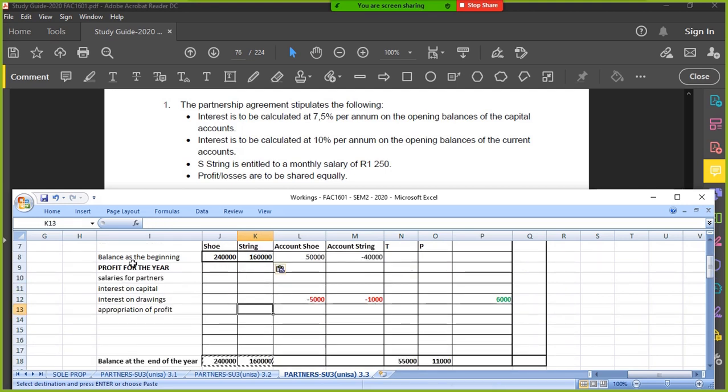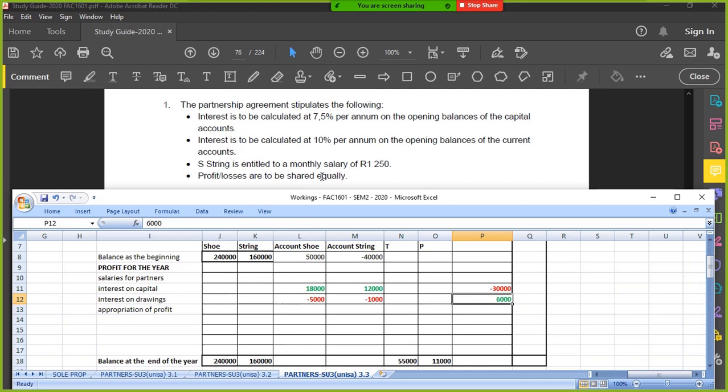So what they had at the beginning will be the same as what they had at the end. Yes. So 240,000 times 7.5%. And the same for string, so 160,000 times 7.5%, and then I'd minus it from the partnership. So minus 30,000. Good, I agree with that.